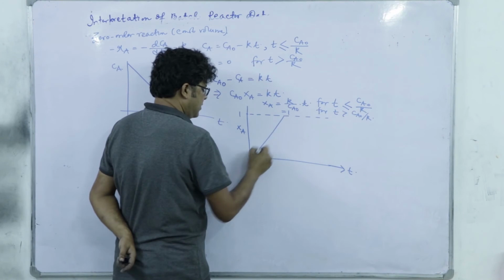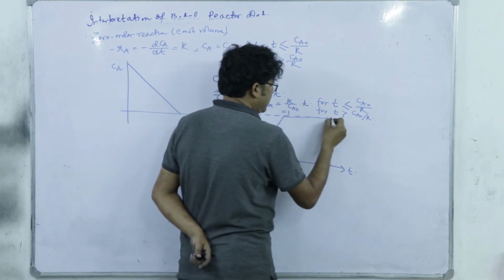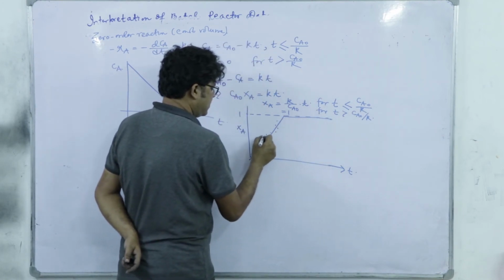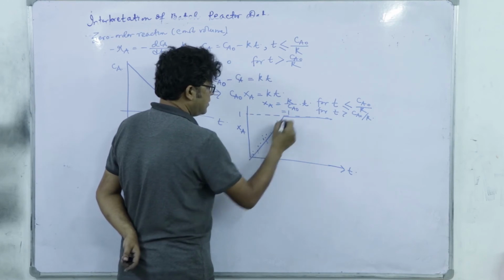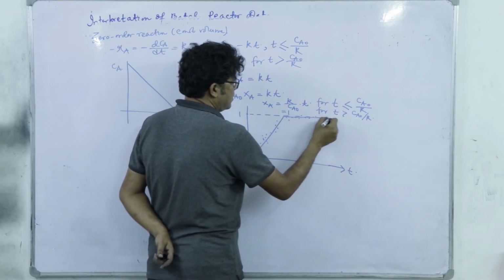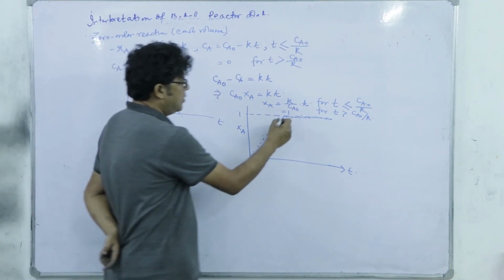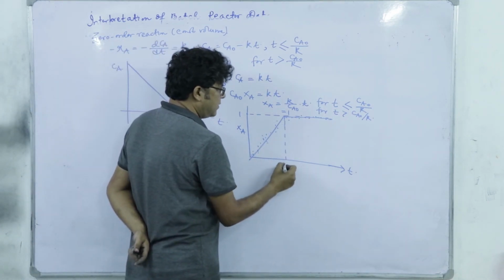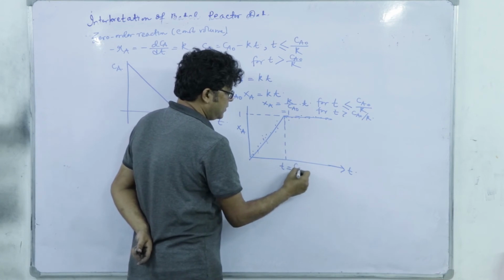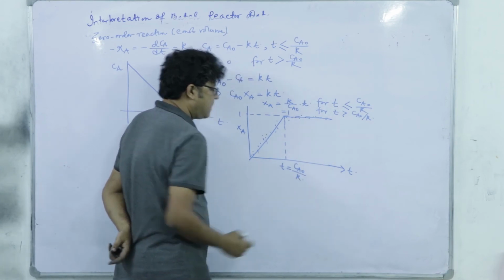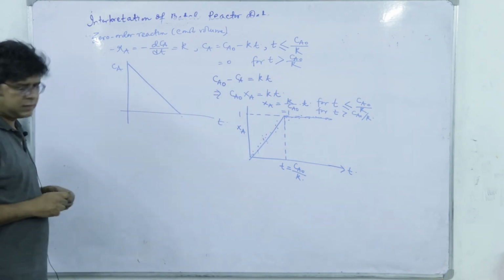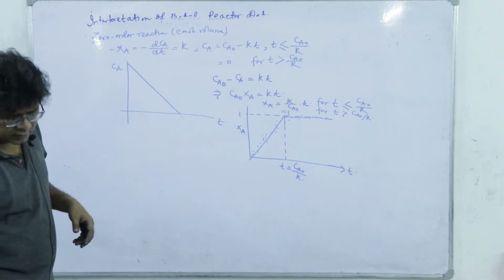So, my data will be like this. If that happens, it is a zero order reaction, and this is Ca naught by k. Correct? So, that is the overall idea of the zero order reaction.